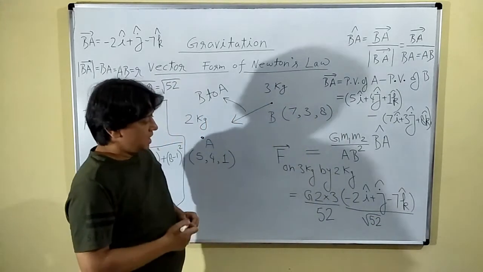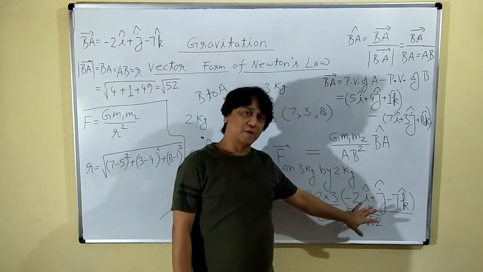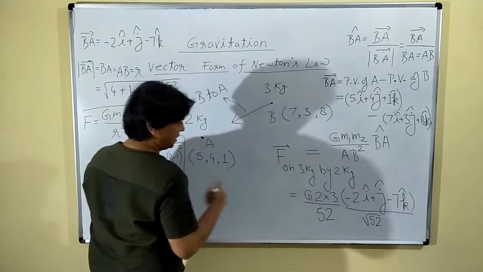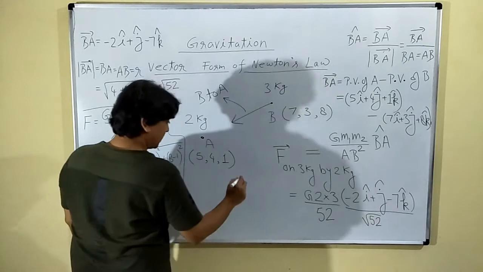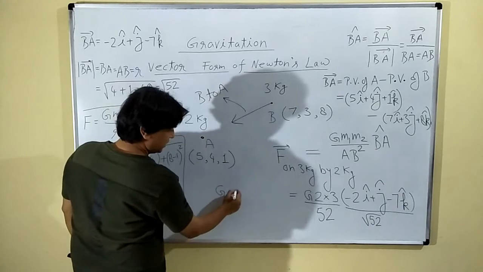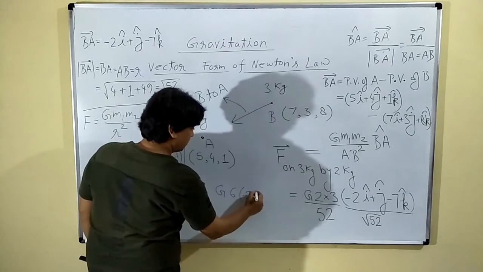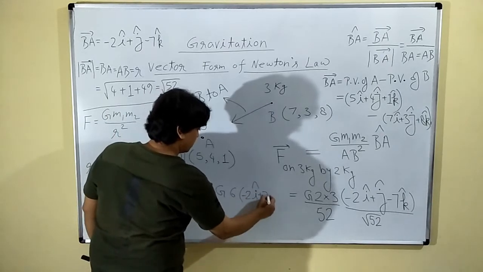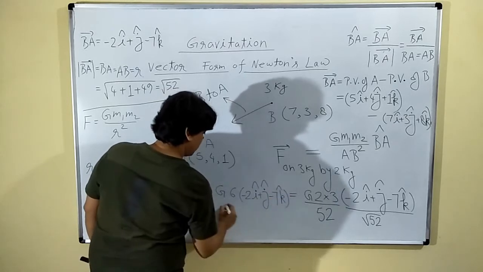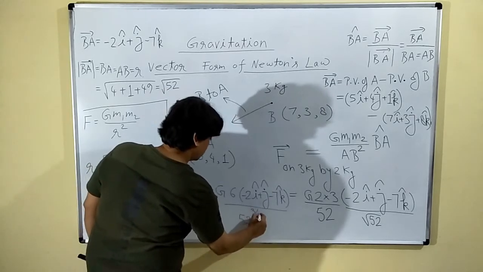Now, हमारा आंसर कंप्लीट है. फोर्स अपने को वेक्टर फॉर्म में मिल चुका है, लेकिन यहां पर इस चीज को फिर से समझना. हमने थोड़ी देर पहले से डिस्कस किया हुआ है. क्या चीज है? दिस होल थिंग इज व्हाट? G into 6 multiplied by minus of 2i cap plus j cap minus of 7k cap divided by 52 to the power 3 by 2.